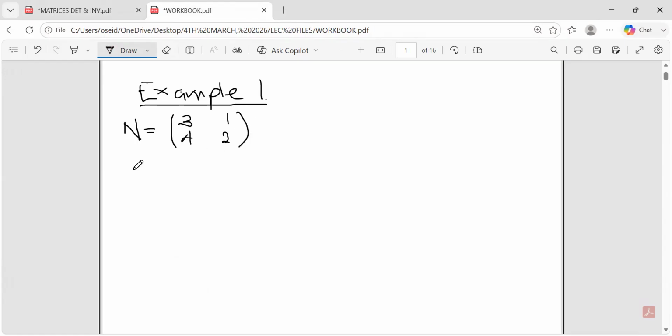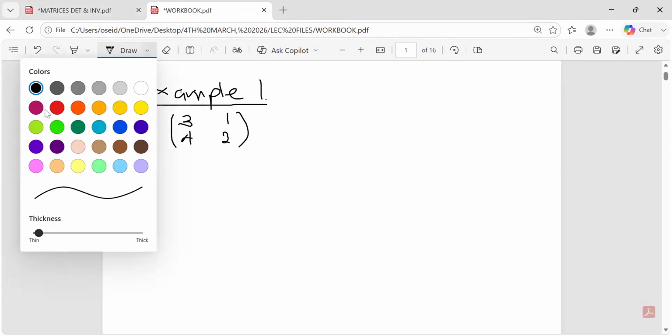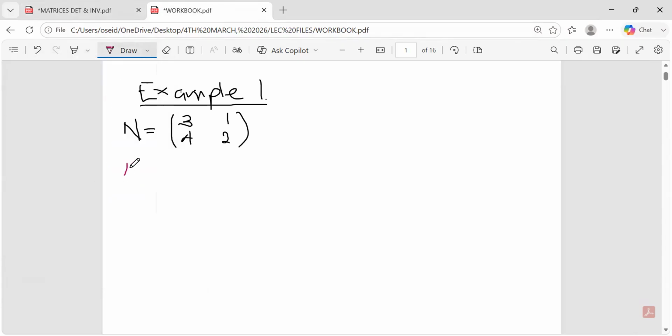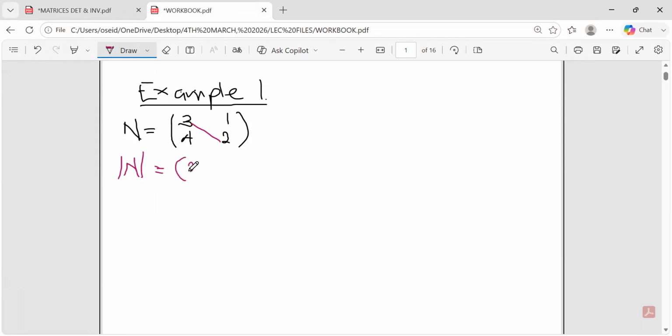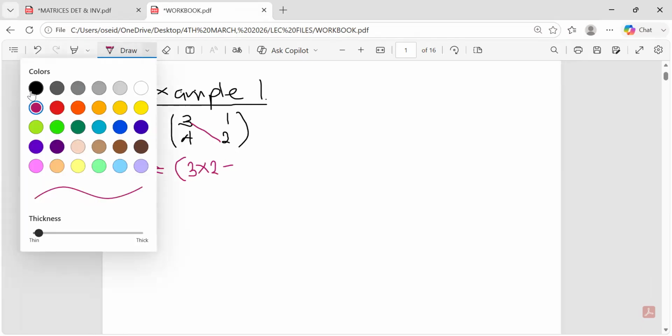And we have to find that determinant of N. So the determinant of N will be equal to, our first leading diagonal is what? 3 by 2. So I'm going to get 3 times 2, minus the product of the other leading diagonal.